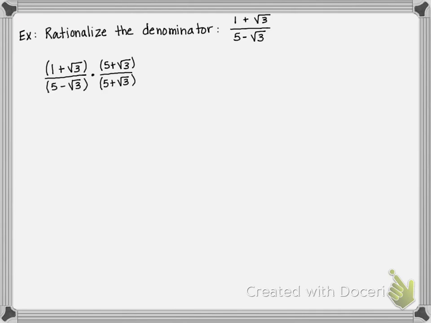So now we'll distribute. In the numerator, we have 1 times 5 plus 1 times the square root of 3 plus the square root of 3 times 5 plus the square root of 3 times the square root of 3.